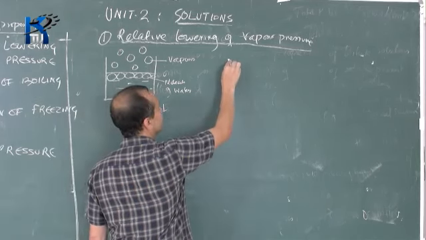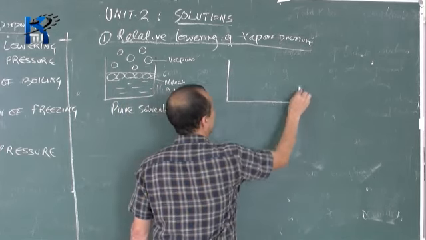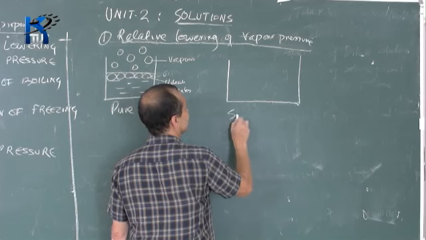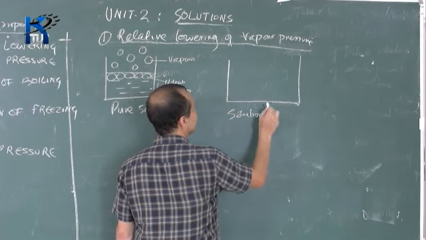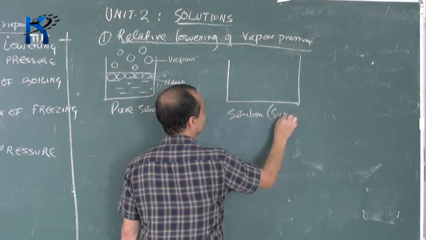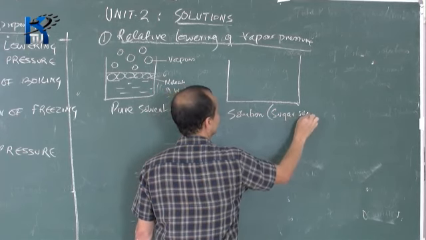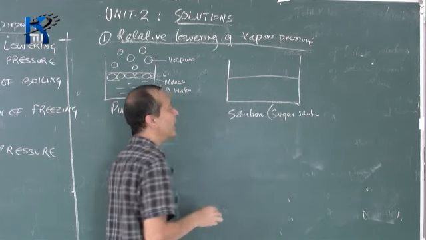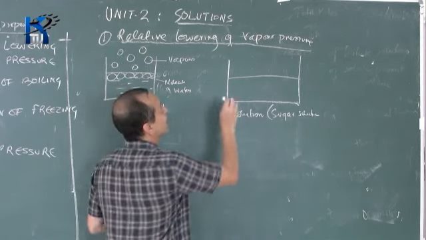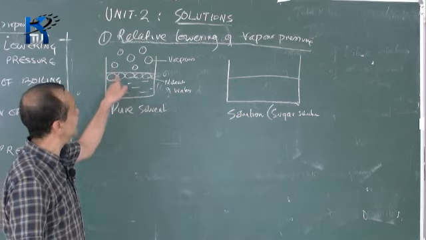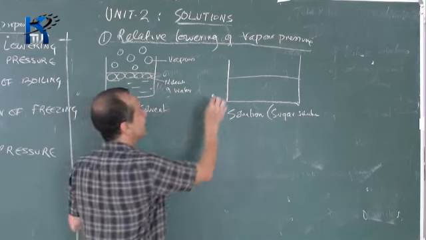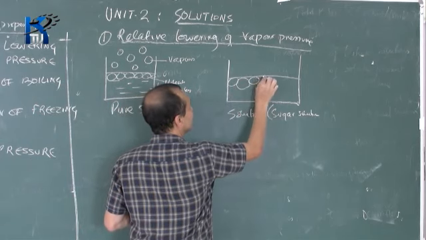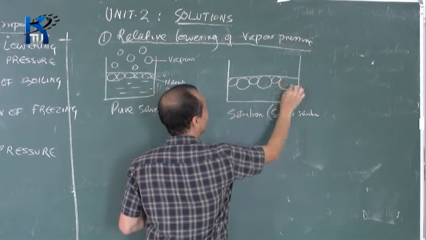Now, supposing you have got a solution. Consider, this is a sugar solution. Now, when you have a sugar solution, the surface is not totally filled with water, isn't it? Because now you have got water molecule, sugar molecule, water molecule, sugar molecule, and so on.